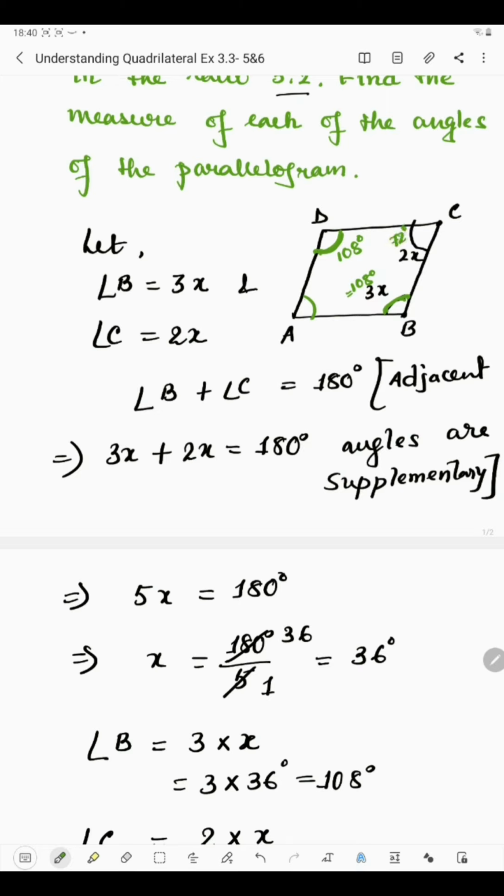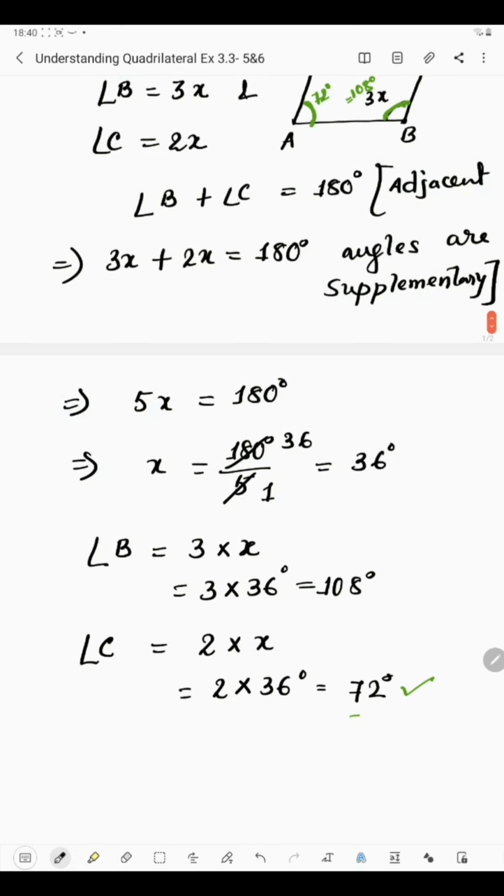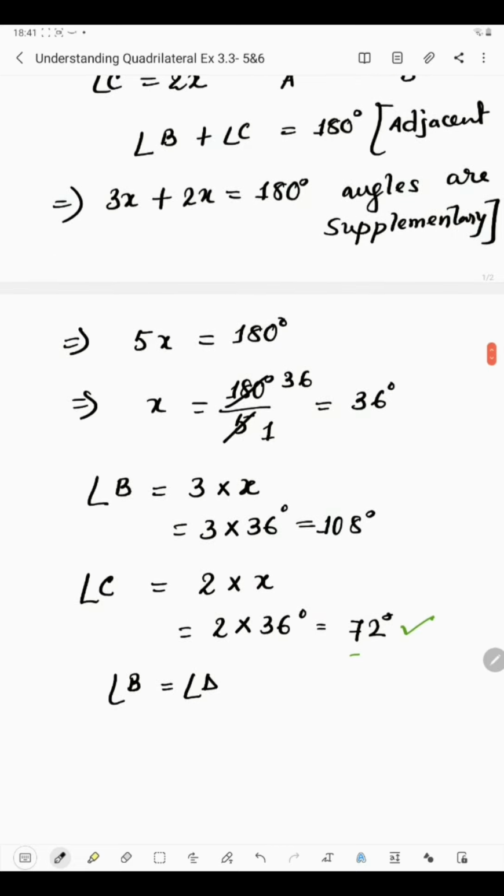Now opposite of angle C is angle A. So opposite angles are equal, so angle A also will be 72 degrees. So we will write angle B is equal to angle D and angle A is equal to angle C. Why?